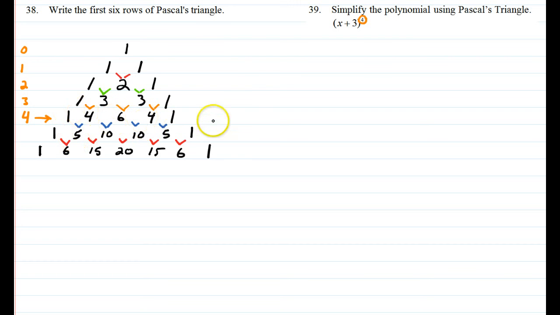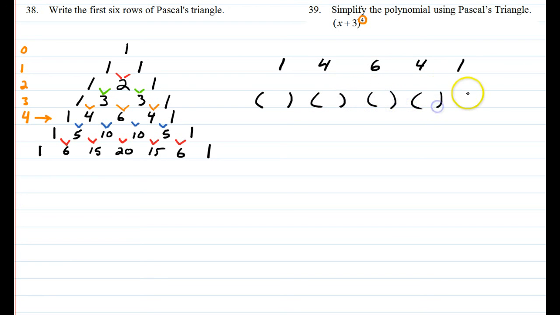Alright, so write the coefficients, the 1, 4, 6, 4, 1. And so now we'll work with the first term. And so I just like to put the open set of parentheses underneath the coefficients. And then we're going to start with the power of 4 and work our way down. 4, 3, 2, 1, none.